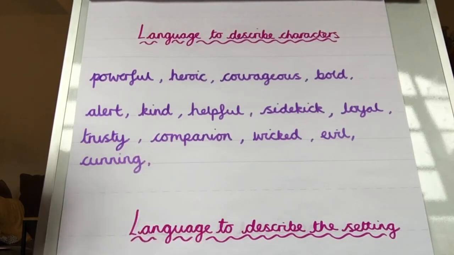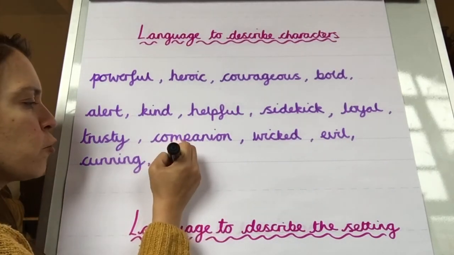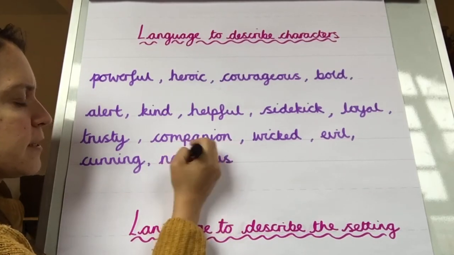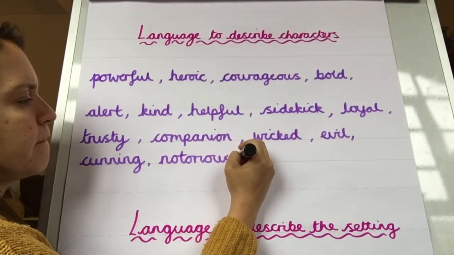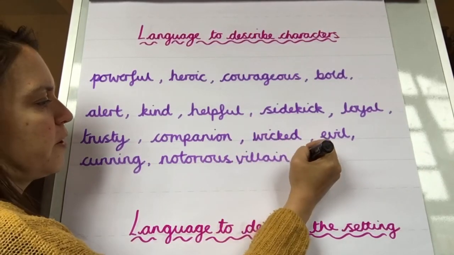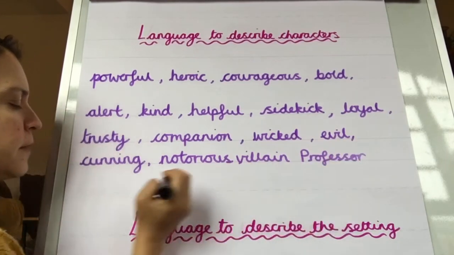I quite want to use the word notorious. Now, notorious is a higher level word for famous, but it can sometimes mean you're famous for not being good. So maybe he's a notorious villain. Notorious villain, Professor Spade.